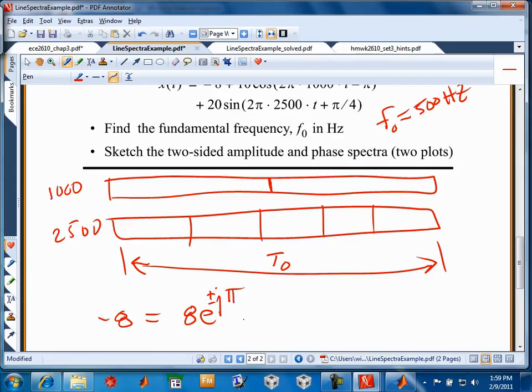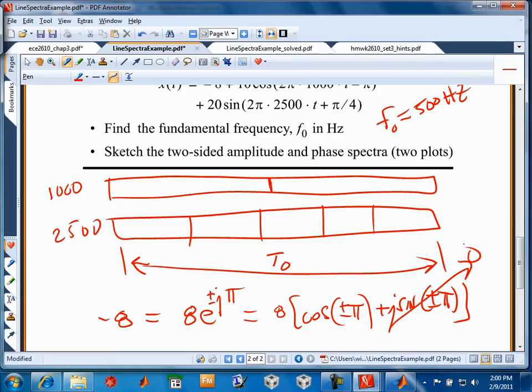Because after all, from Euler's identity, that would be 8 times the cosine of plus or minus pi plus j times the sine of plus or minus pi, in terms of a polar to rectangular. And the cosine is obviously -1 and the sine is 0. So in polar form, -8 is just 8 at an angle of either plus pi or minus pi.